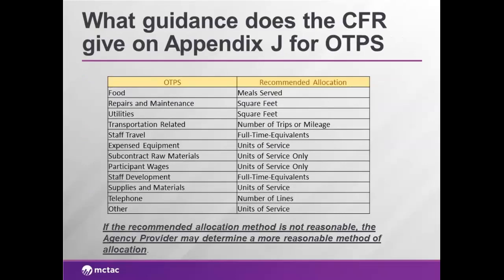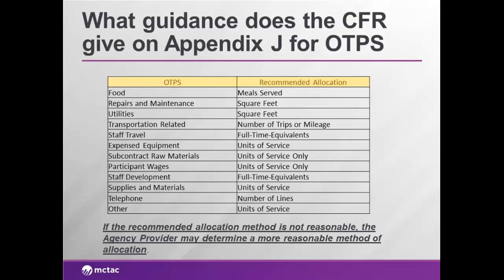As Boris mentioned, we're going to make reference to the CFR in this presentation. CFR is the Consolidated Fiscal Report. MCTAC and the state are currently working on additional training for those individual agencies that are not familiar with this reporting. It's primarily a fiscal report, your report at the program level.